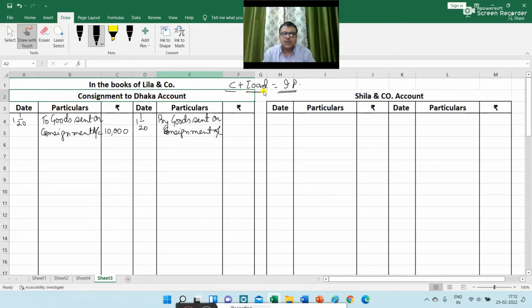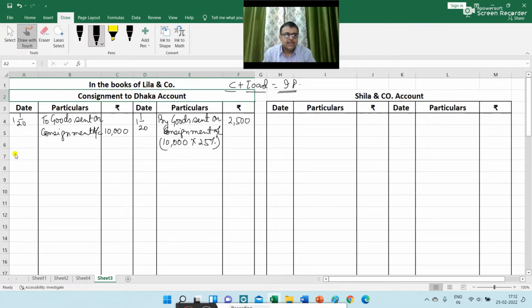So this is the cost price, and then a load is charged on cost to arrive at invoice price. The invoice price is given as 10,000 and it is said in the question that the load is 25% on invoice price. So 2,500 is the load that is included in the invoice price of 10,000.